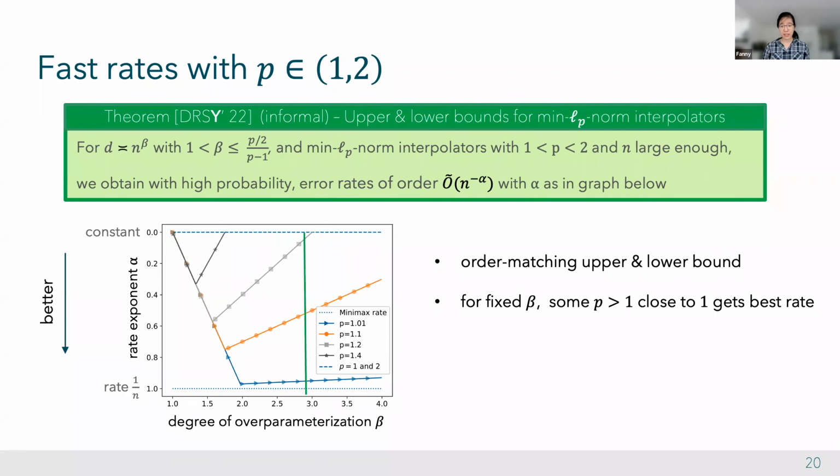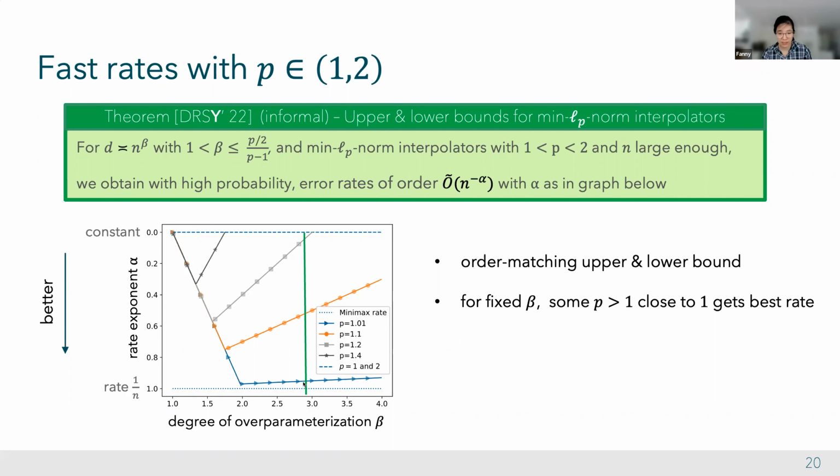Now let's walk slowly through this plot. Let's say we fix some β, here close to 3. What we can read off is that, of course, I have the rates for p equal to 1 or 2, which are the constant rate, and I have the minimax rate. But in between, if I increase p from 1 to 1.01, for example, I'm actually really close to the 1 over n rate, so α equal to 1.